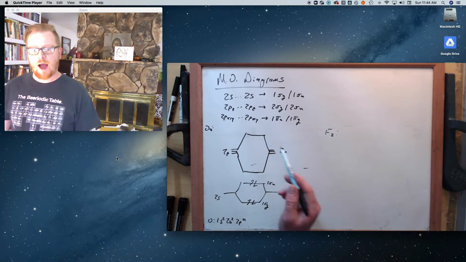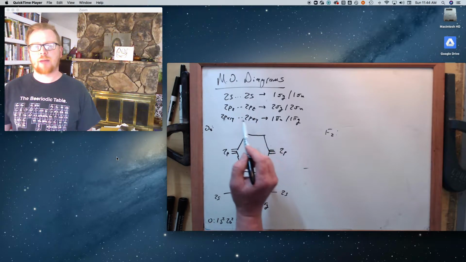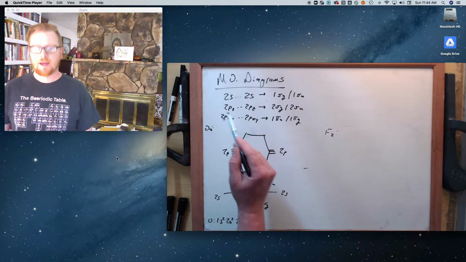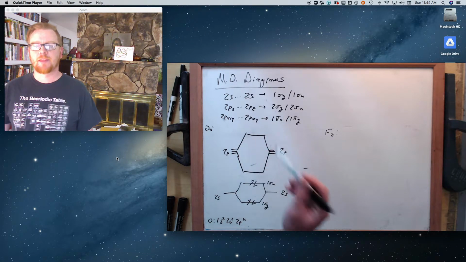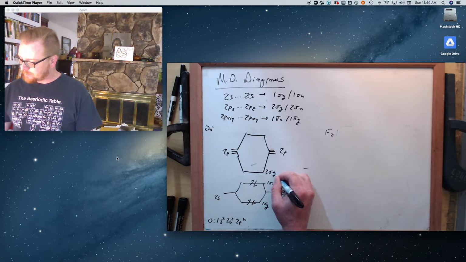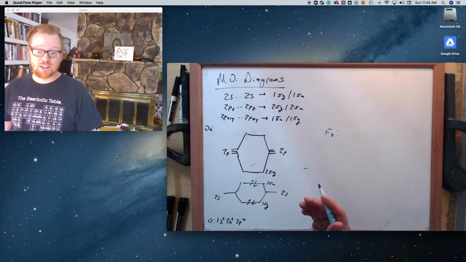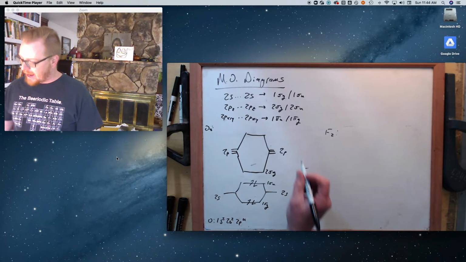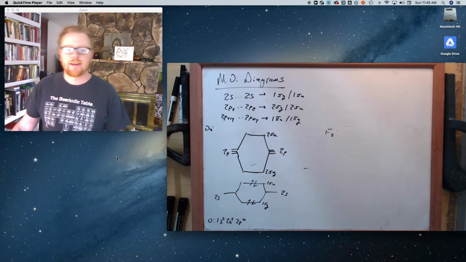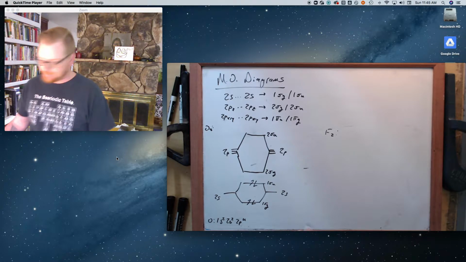And so now I have to go through all these combinations of pairing up 2pz's or 2pxy's. And so recall last time, the 2 sigma g state from combining 2pz's is the lowest in energy. And as it turns out, the 2 sigma u for oxygen is the highest in energy.